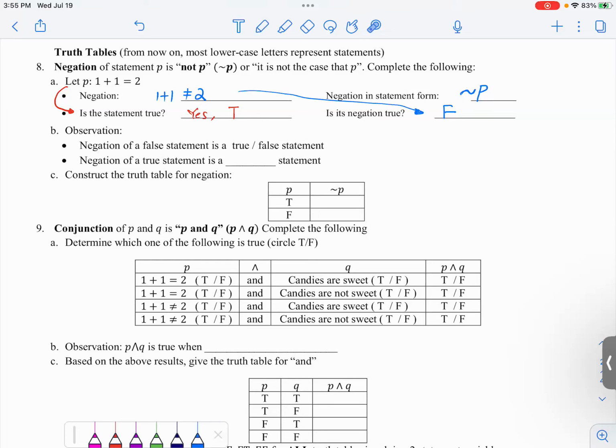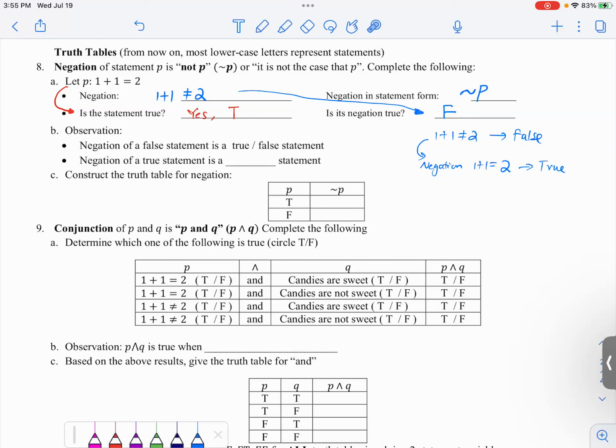Now, here's the observation. Think about this: this is a false statement. How do you find its negation? You're going to say the opposite. The opposite will be 1 plus 1 equals 2, which is a true statement.